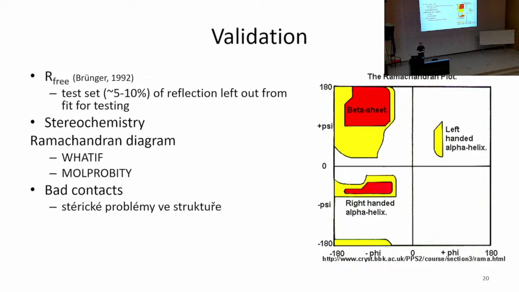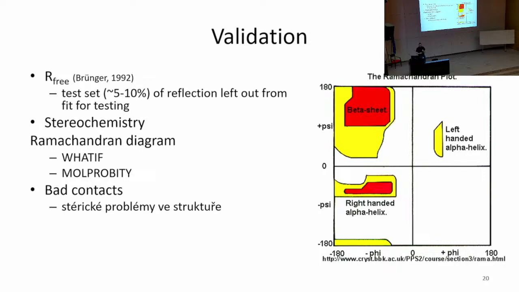For the validation, as I've said, we are checking the R-free. Therefore, you are looking at whether the structure is true, if you just take some of the reflections out. You check the stereochemistry, and you check the Ramachandran diagram of phi and psi angles, which will give you the information that the amino acids should be in those red areas or in the yellow ones, but definitely not in the white, because that would mean that there is some kind of strain within the structure.